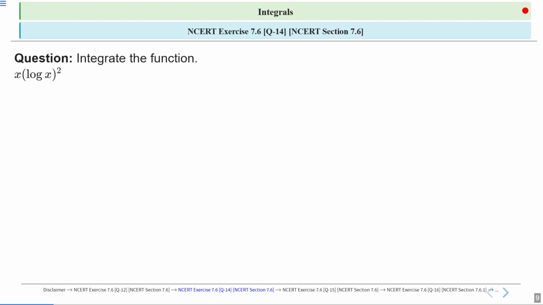So the next question is, now we have to integrate the function x into log x whole square. So just think which function we should have taken as u and dv.